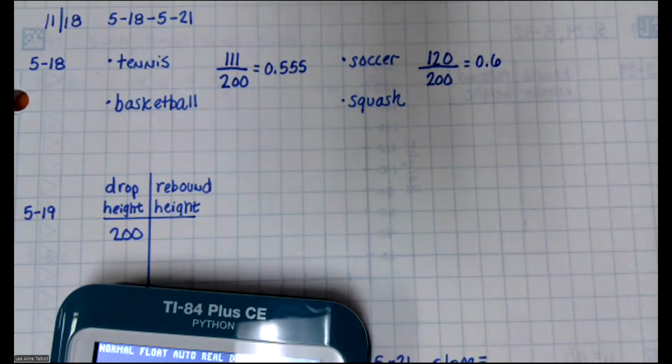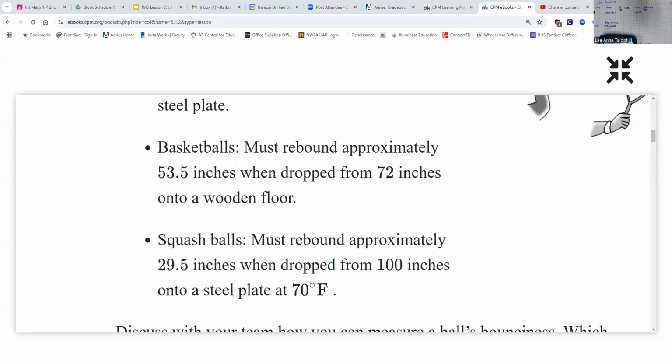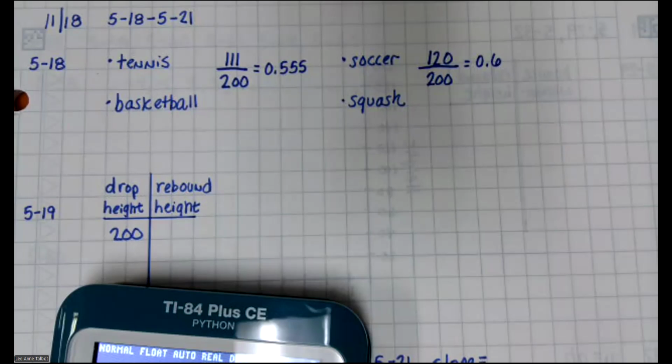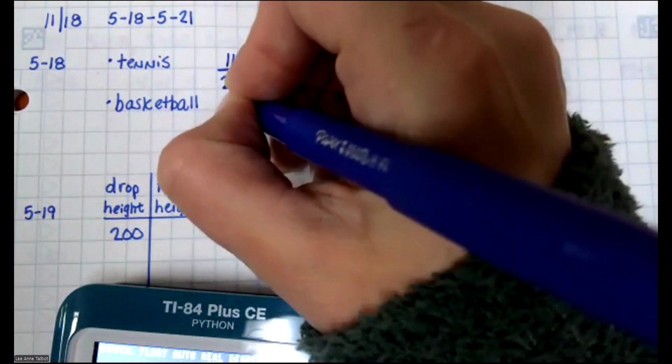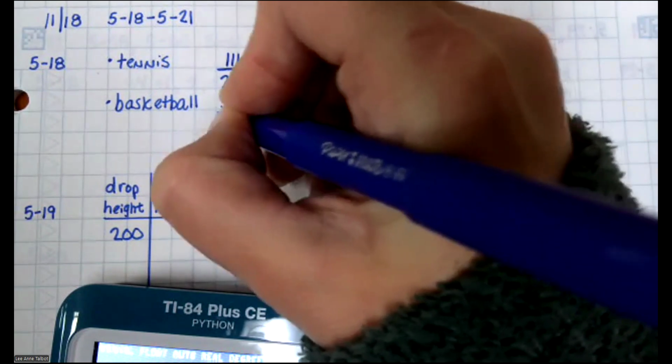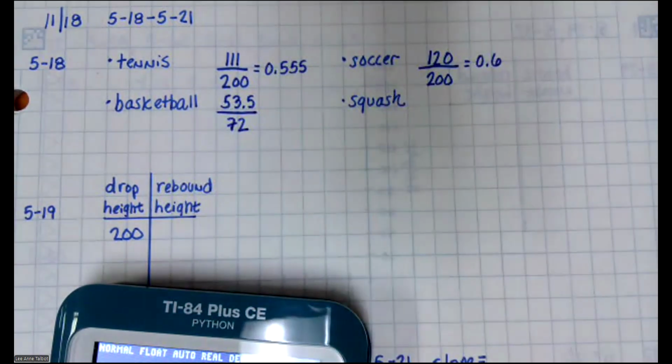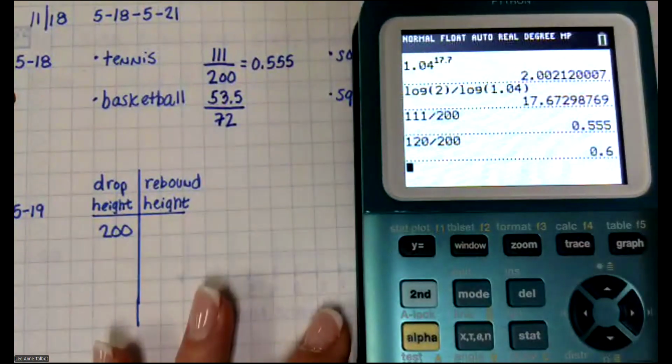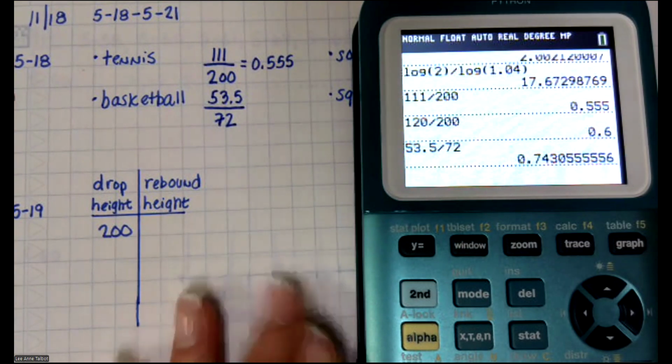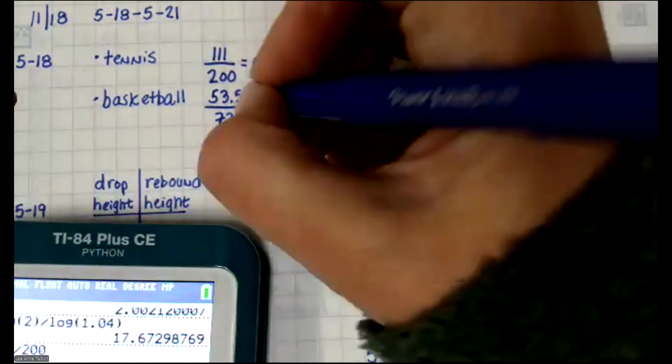Okay, so let's check what you guys said about basketball. Basketballs must rebound approximately 53.5 inches when dropped from 72 inches on a wooden floor. Well, the wooden floor part makes sense. 53.5 inches when dropped from 72 inches. 0.743. You guys are right so far.